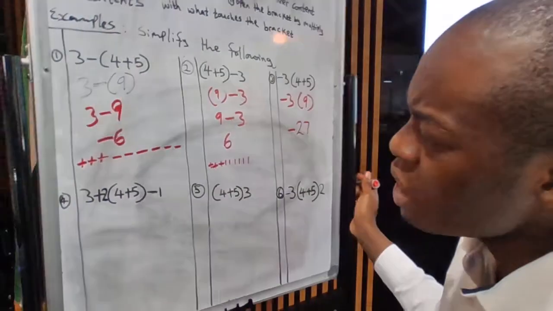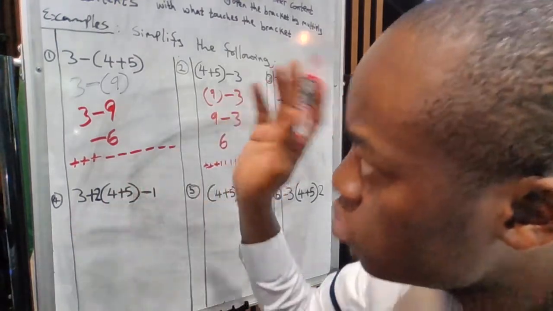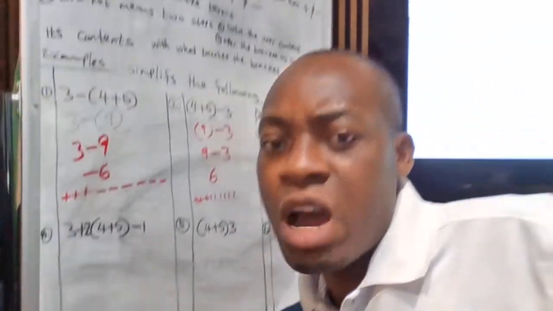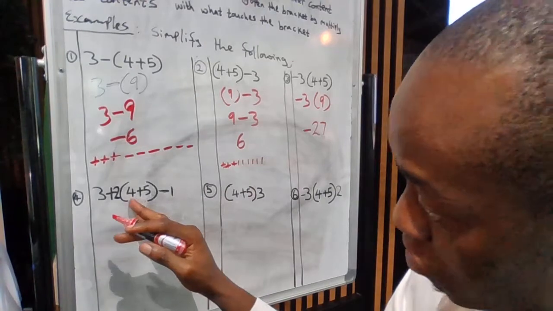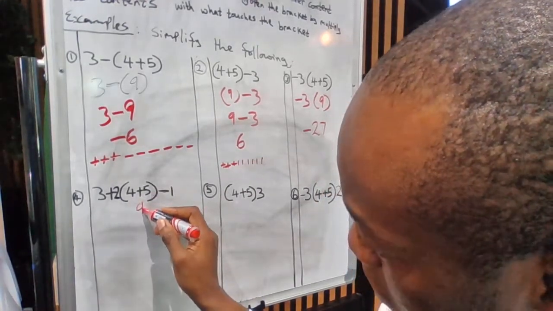Okay. Now let's look at number 4. Here we solve by BODMAS, bracket first. Bracket means solve what is inside the bracket, which is 4 plus 9, which is 9.